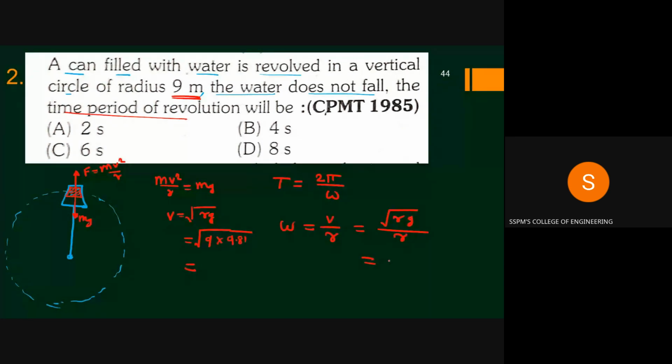So the answer will be root g divided by root r, with g value 9.81 and r value 9 meter.